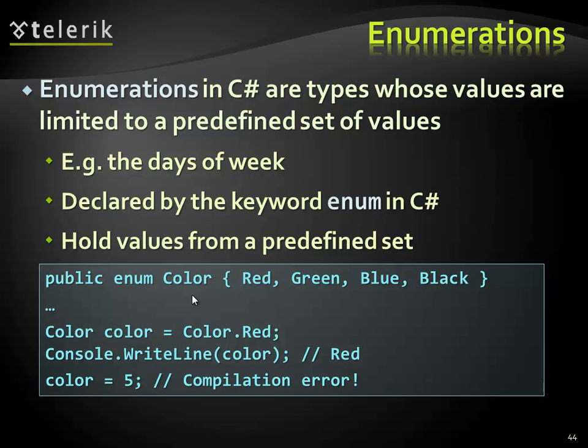Remember, they are not some type of numbers, like a specific class or something. They can be converted to and from their numeral value, but this is not so fluent. You have to cast it, or call a parse method in order to do that.